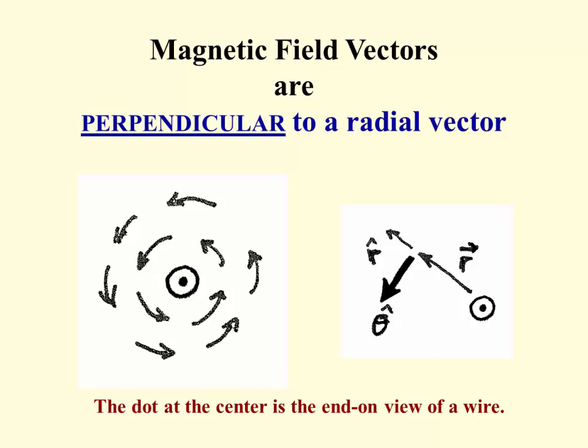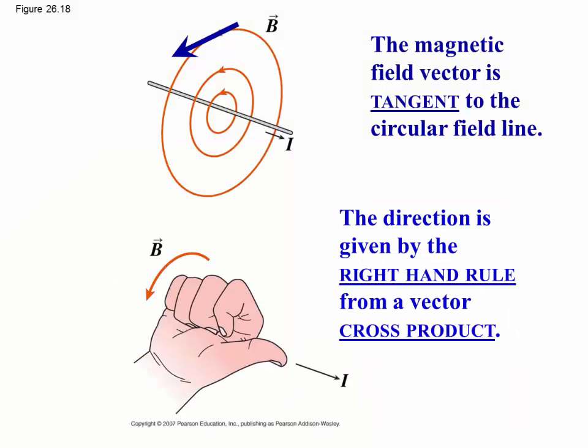So we'll end up using a vector cross product to calculate the direction of the magnetic field as well as the direction of the magnetic force. Magnetic fields and forces are an extremely unusual thing, unlike anything we've seen in physics up to this point. As this picture shows, the magnetic field vector is again tangent to the field lines, which are circular in this case, going around the wire. The direction is given by a right-hand rule that comes from a vector cross product.